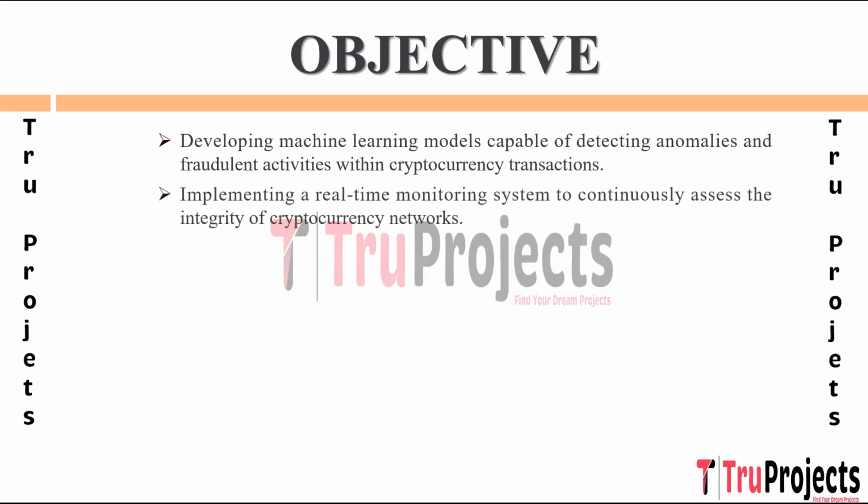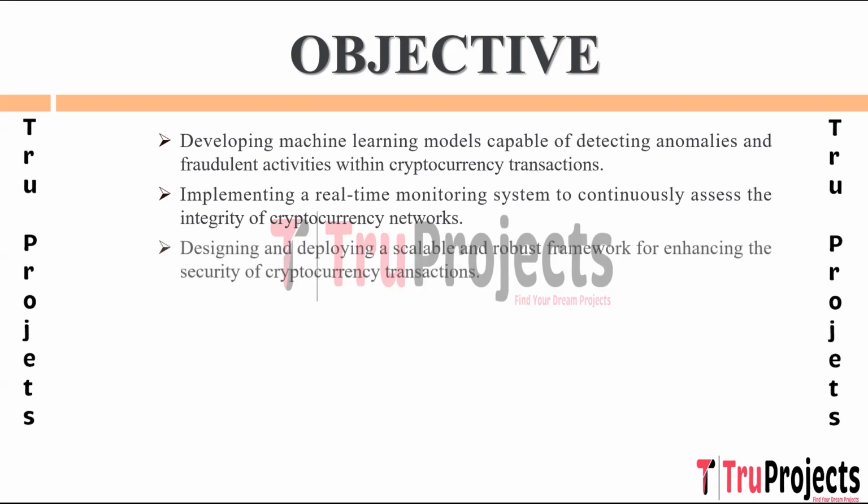Establishing a sophisticated real time monitoring system capable of continuously monitoring the integrity of cryptocurrency networks. This system will actively track transaction flows, network nodes, and other relevant metrics to promptly identify any deviations from normal behavior, helping to detect and mitigate potential security threats promptly.